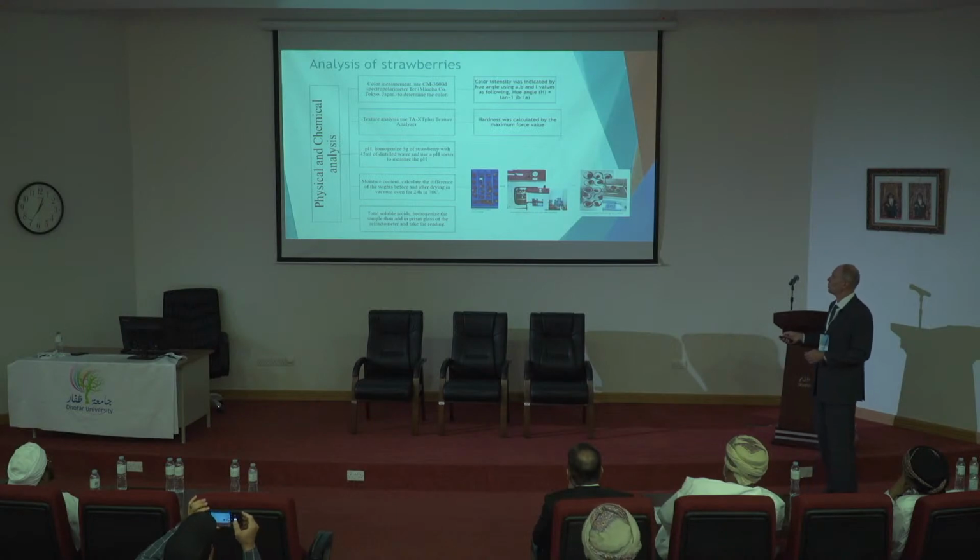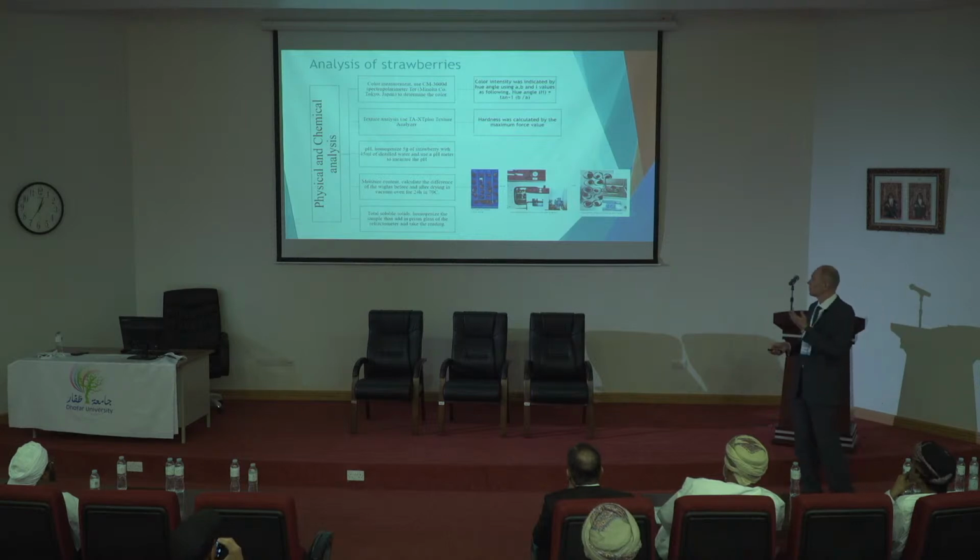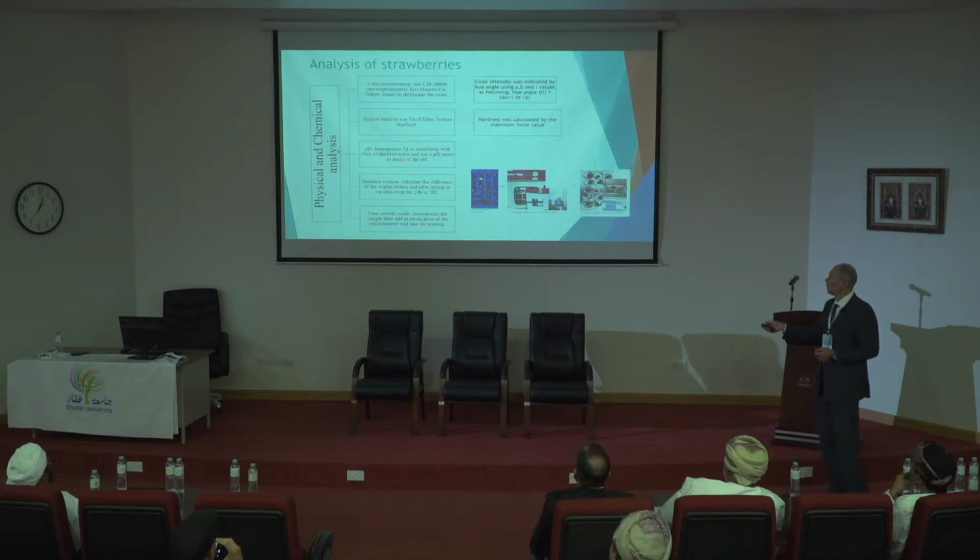So this slide is rather busy, but I will walk you through it. For color measurements, we use a spectrophotometer, and particularly we use hue angle. For texture analysis, we use a special device to measure the hardness of the strawberries. For pH, we simply homogenize the strawberries and then use a pH meter.